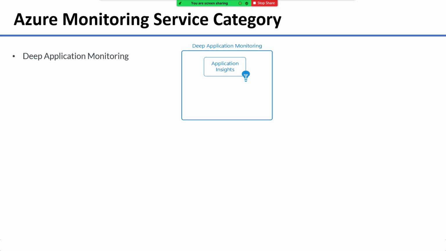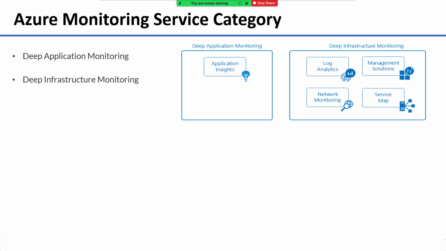Now, if I would like to divide the offering of Azure Monitor into categories, when I need to monitor my applications, we have Application Insights, and Application Insights will collect all the telemetry of your application.